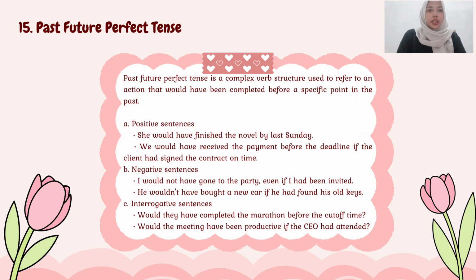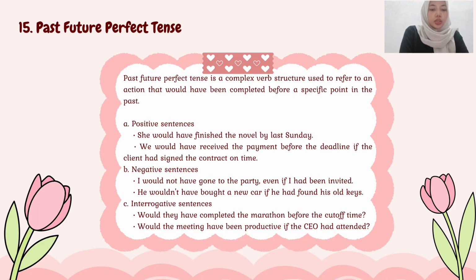Past future perfect tense. Past future perfect tense is a complex verb structure used to refer to an action that will have been completed before a specific point in the past. For example, in positive sentence, she will have finished the novel by last Sunday, and we will have received the payment before the deadline if the client has signed the contract on time.